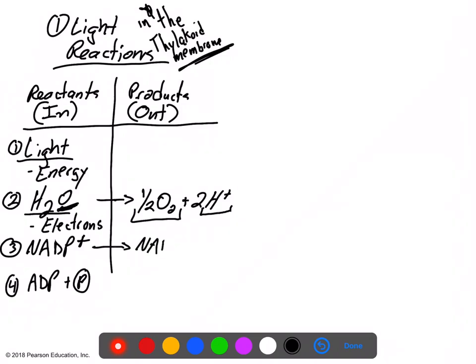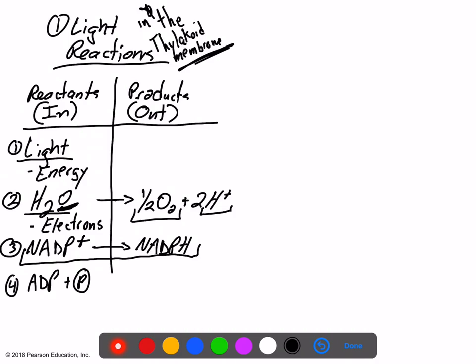Okay, what happens to NADP plus? Well, it becomes NADPH. All right, here is a really good practice moment for you. Do you remember that in chapter 5 we discussed where a chemical stores its energy? And we agreed that all chemicals store their energy in bonds.